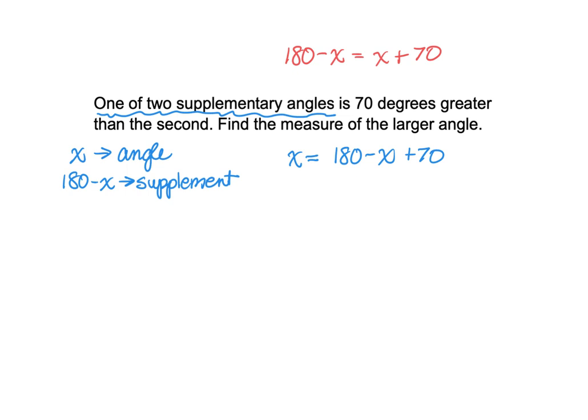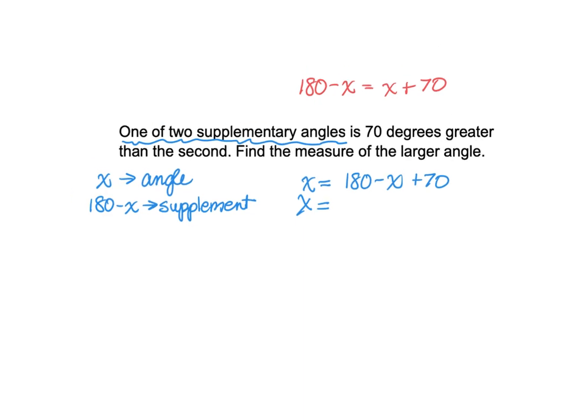So I'm going to work with my blue equation. This is x equals, simplifying, 180 plus 70 would be 250 minus x. Add x to both sides. 2x is 250. x, therefore, dividing both sides by 2, is 125.